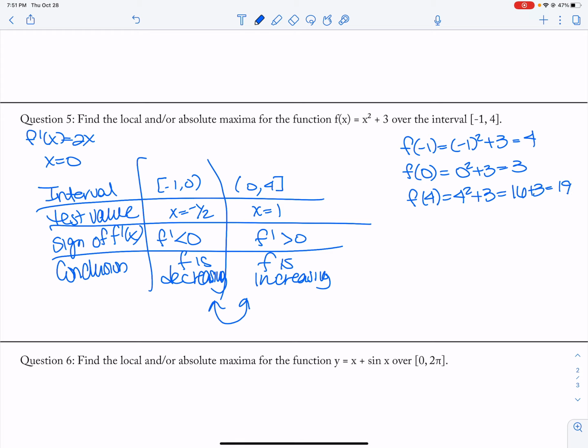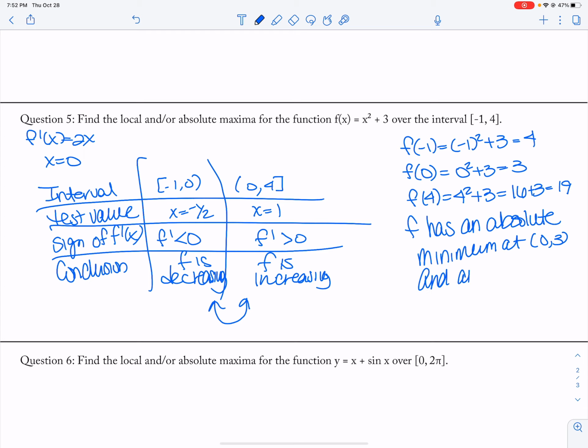So my f has an absolute minimum at (0, 3) and an absolute maximum at (4, 19).